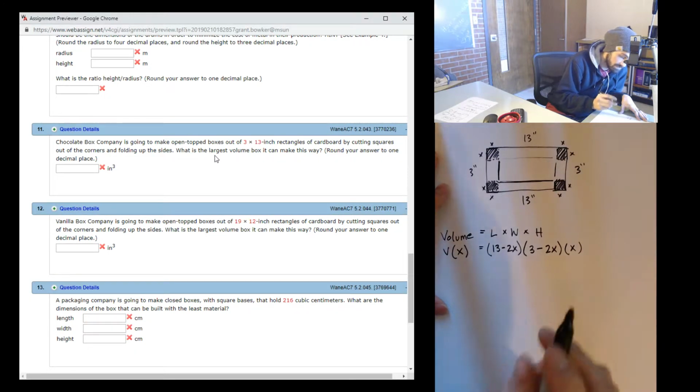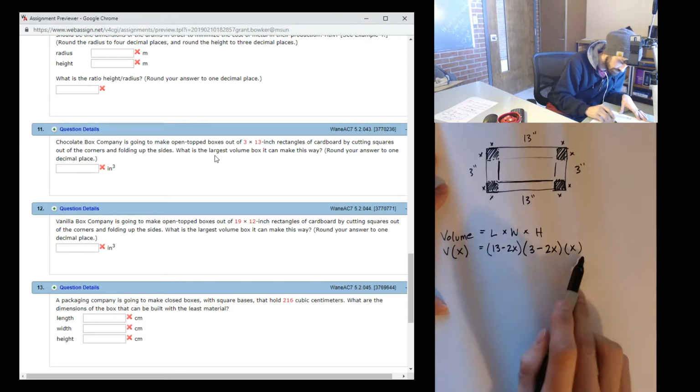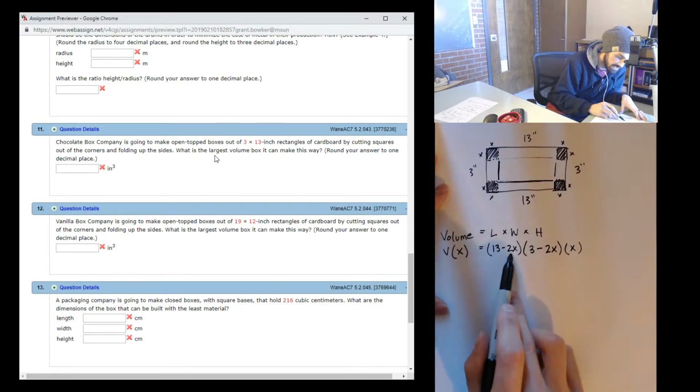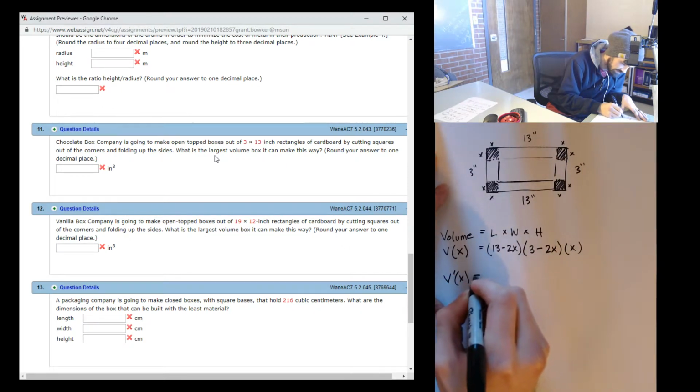So from here, recognize we have a function which describes the volume, and that function only is in terms of x. So we can find v prime of x.